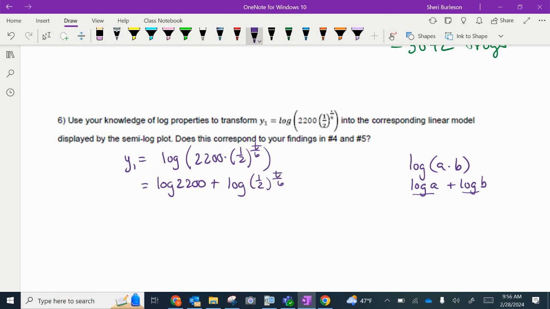And then, do I know another log property that I can use? I should probably write that a little better, like it's an exponent. Make it clear. T over 6. There we go. What can I do with an exponent inside the log?